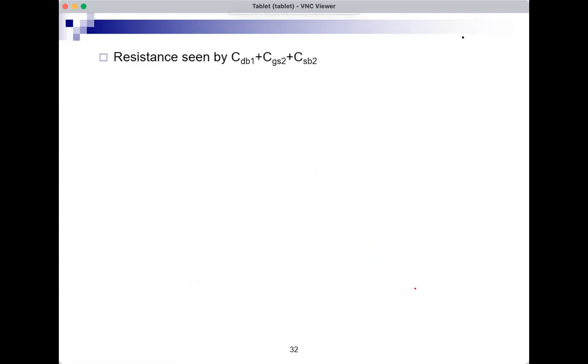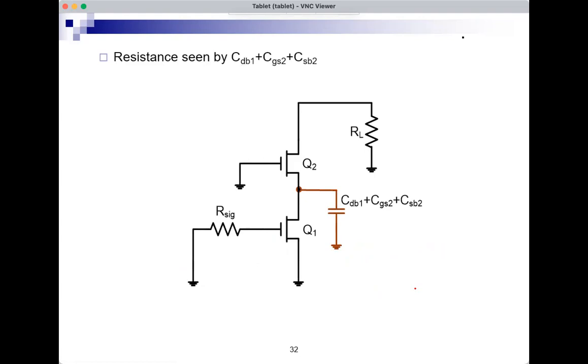The resistance seen by the brown capacitor. This one is interesting. So I want to find the resistance seen by these brown capacitors. And of course, we're using the small signal models here.